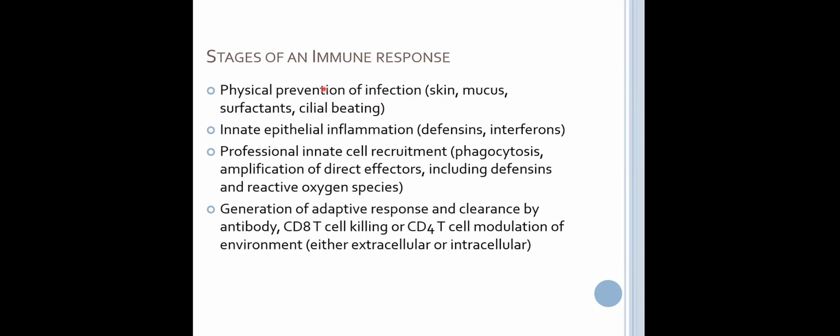When that fails, you get potentially some epithelial inflammation. Epithelial cells are the cells that form your tissues. And so in your lung, when you think about your big pink heavy lungs, most of those cells are epithelial cells that are forming the tissue, and they're what's actually infected with influenza or SARS-CoV-2, and they will try to fight off the infection initially, and they can actually exert some level of control.